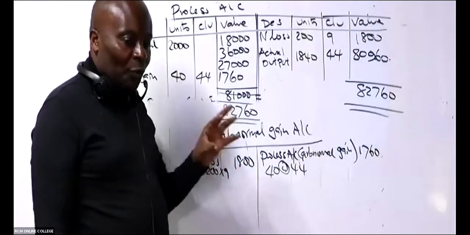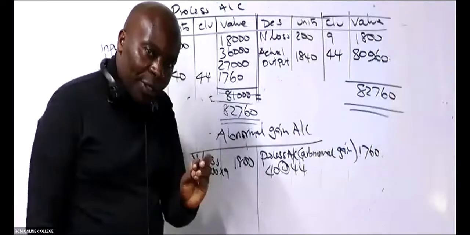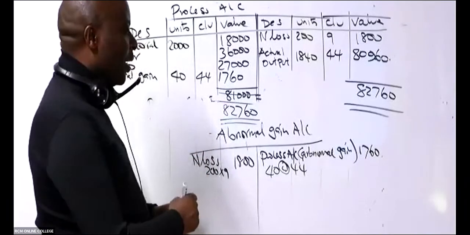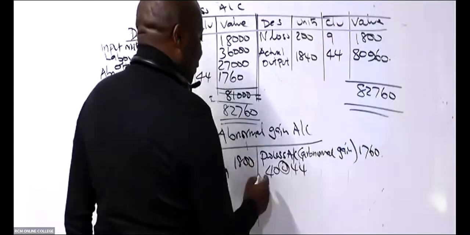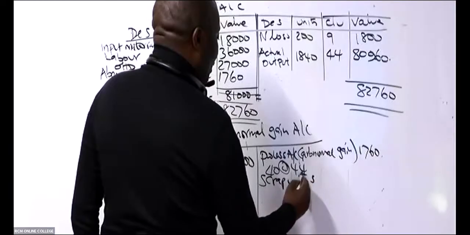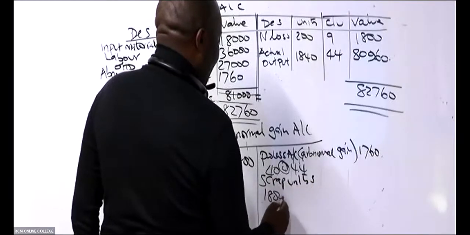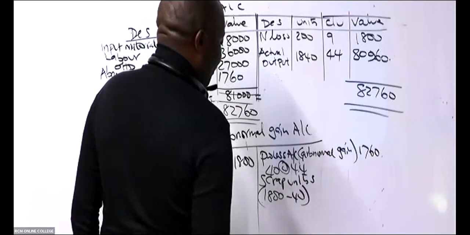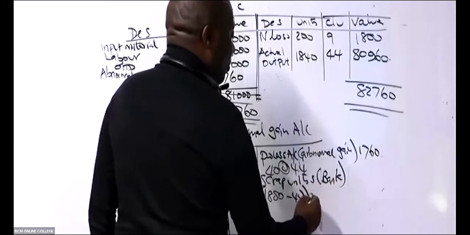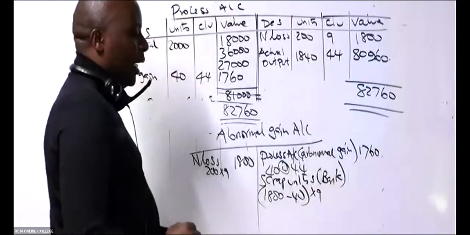So out of the expected loss, there is an abnormal gain of 40. So basically, in this case here, the scrap units will be 200 minus that 40. So this one here, we shall sell them at 9 bob and receive the money in our bank account.